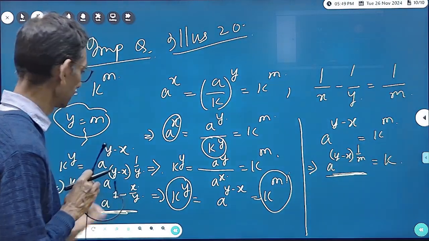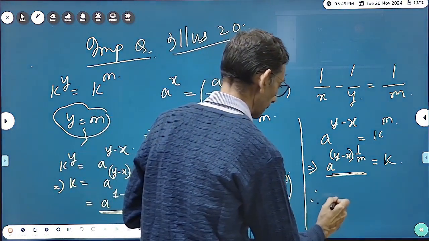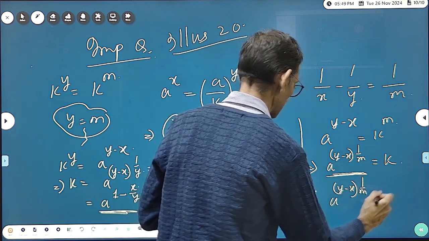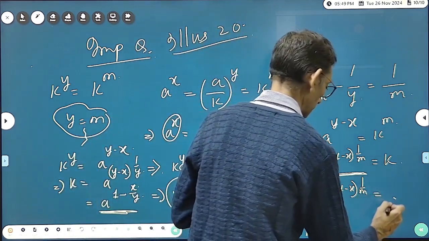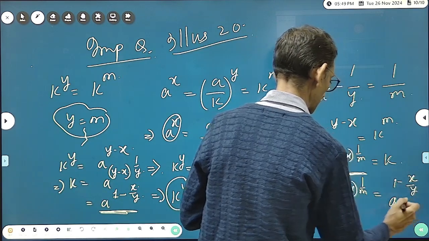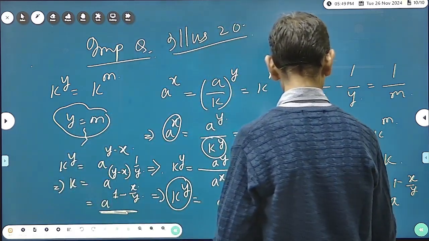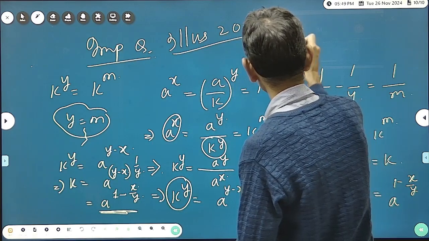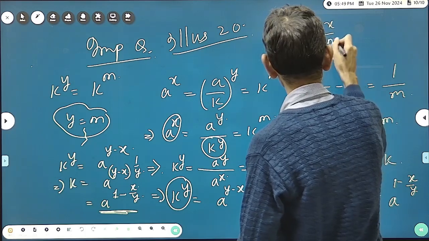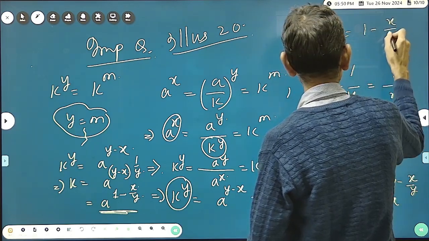This is equal to k and this is equal to k. If you compare the two, therefore a to the power y minus x whole to the power 1 by m is equal to a to the power 1 minus x by y. Since the bases are the same, we can cancel the bases. After canceling the bases, multiplying y minus x by 1 by m, what do we get? y upon m minus x by m is equal to 1 minus x by y. Okay?